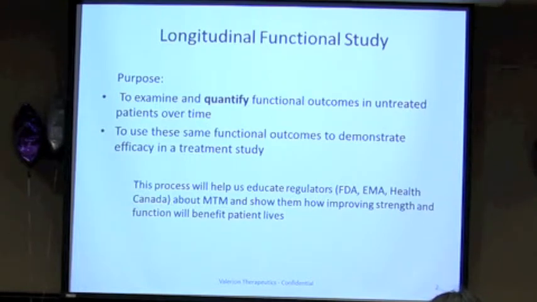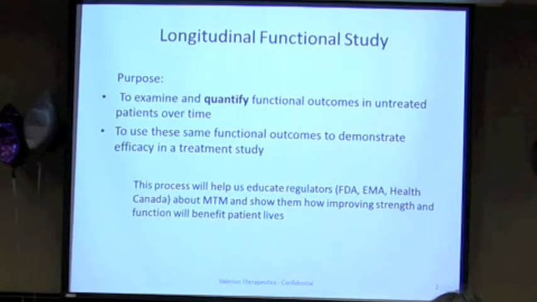So as Deb indicated yesterday, the real purpose of this functional study, and we will be collecting natural history data along with this, we never want to lose an opportunity to do that, but the real purpose is to quantify functional outcomes in untreated patients over time.